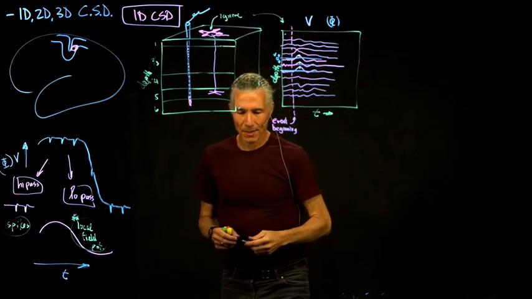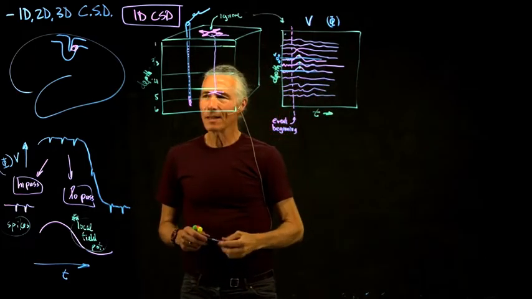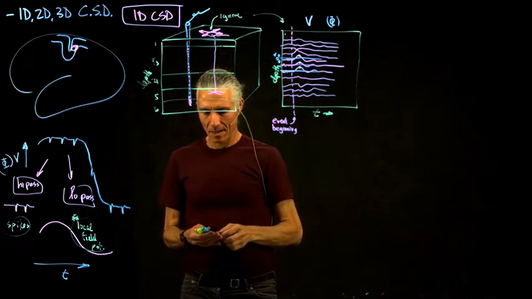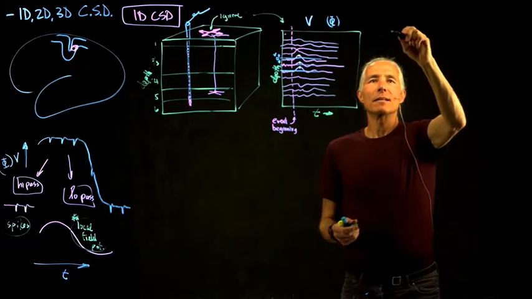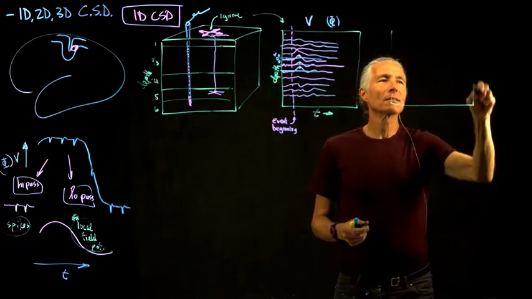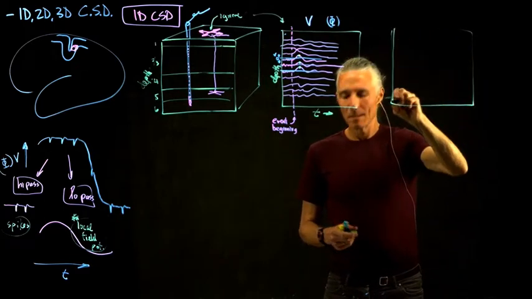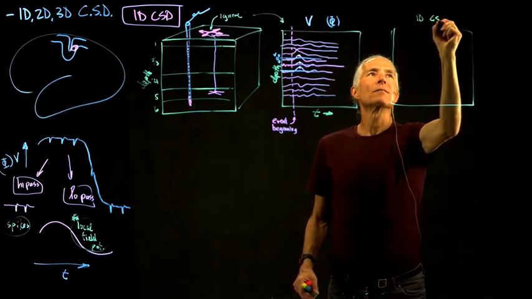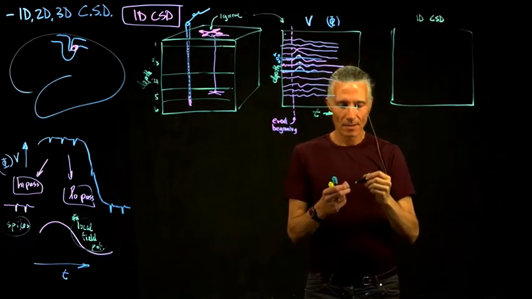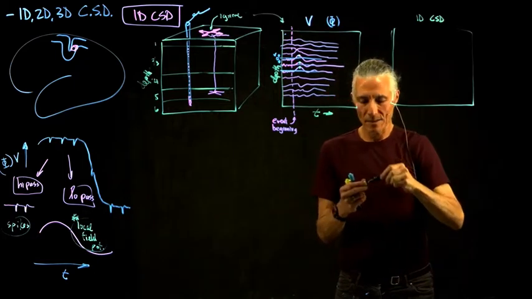So that thing indicates a sink. So that's the voltage, and now this is our 1D current source density, as a function of time.